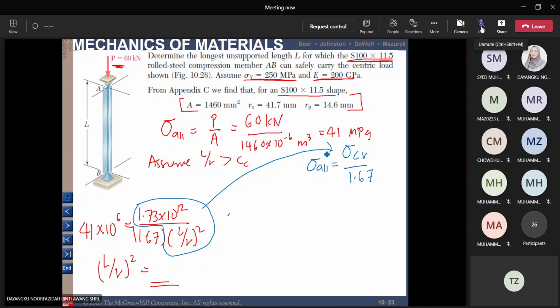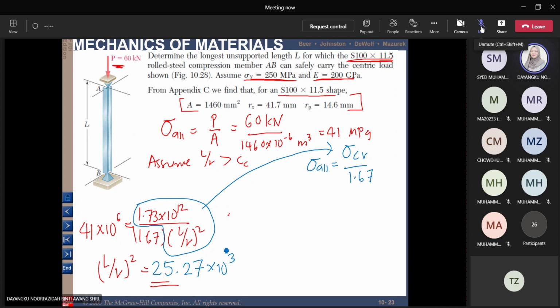Right, so what will be the value of L over R square? 25.27 kilo. 25.27 kilo.